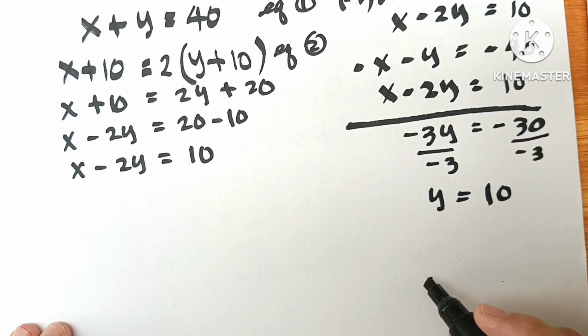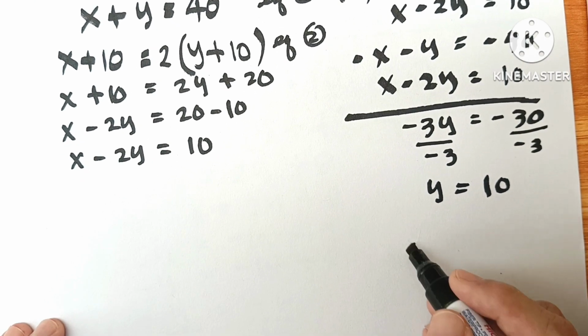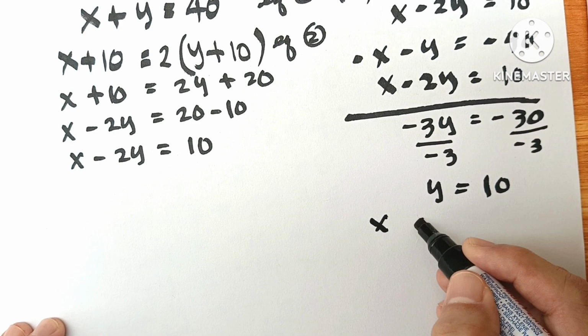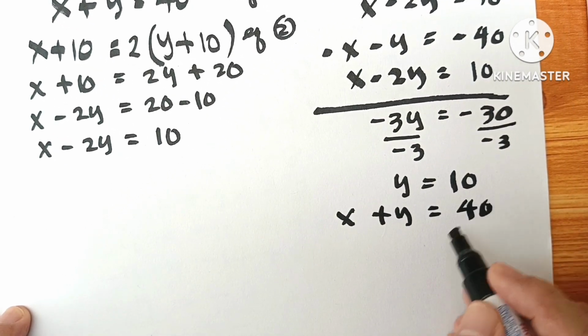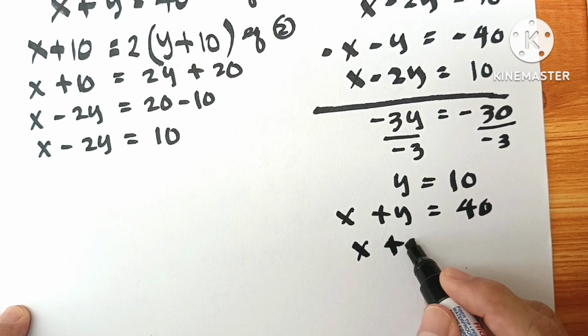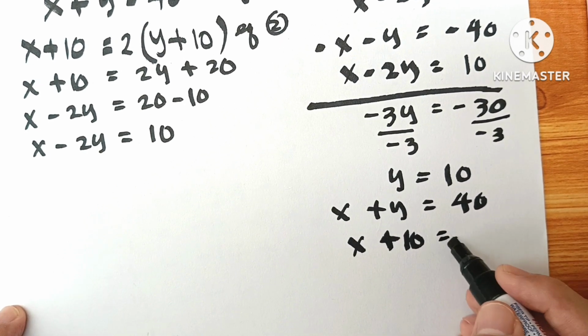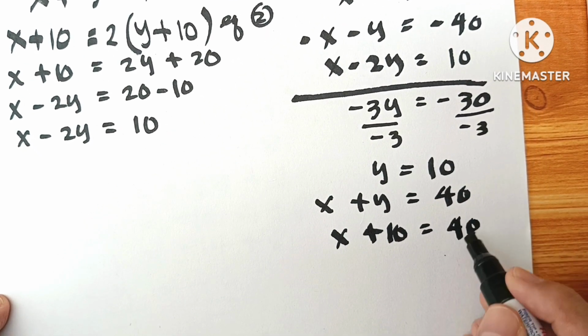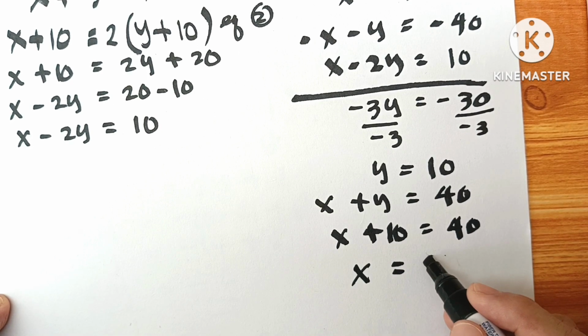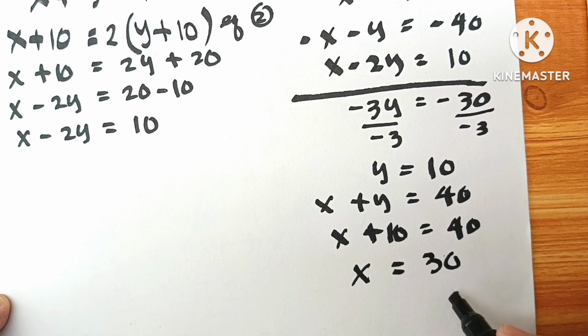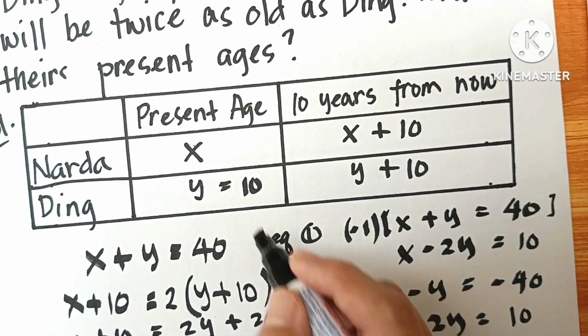Now to solve for Narda's age, we use equation 1, x plus y equals 40. Just substitute the value of y. So since y equals 10, x plus 10 is equal to 40, or x is equal to 40 minus 10, or 30, no?